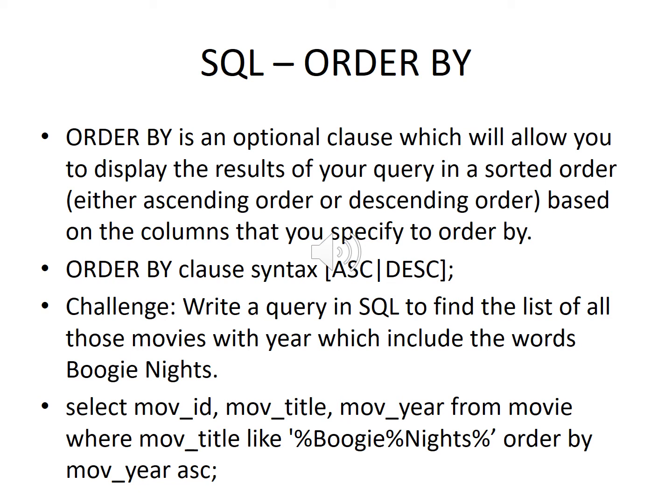So this statement will select Boogie Nights if it is in the beginning of the sentence, at the end of the sentence, or in the middle of the sentence. Now, if we remove the percentage sign from the left side of Boogie Nights, it will only select the results where Boogie Nights appears at the beginning of the string.